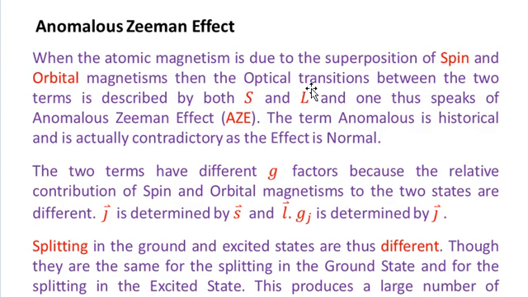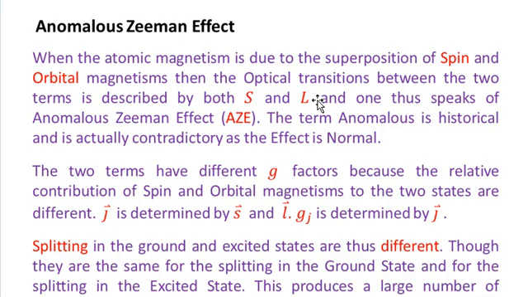So only capital L, the angular momentum, and mu L, the orbital magnetic moment, were present. That was the case of pure orbital magnetism, and for that case we talked about the ordinary Zeeman effect.